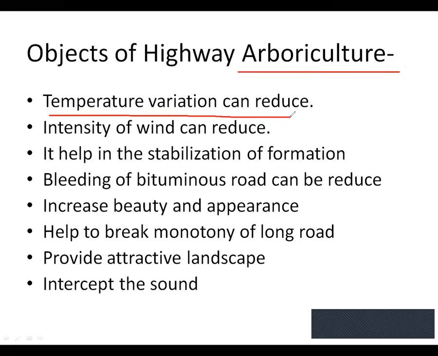Another is that temperature variation can be reduced on the surface of the road by arboriculture. When it is summer, the temperature is very high, so the bituminous surface gets melted, or it affects the health of the tires of vehicles, so the temperature must be maintained, and it can be maintained by the trees.